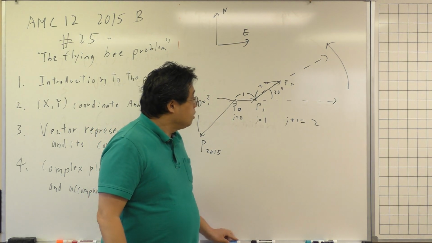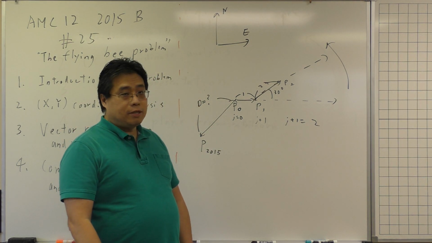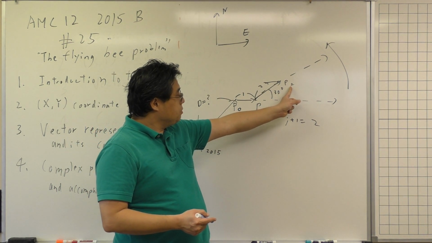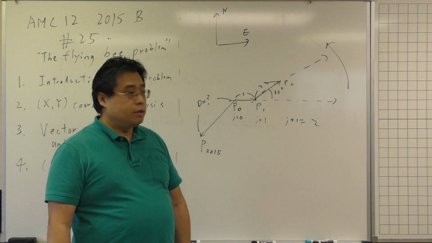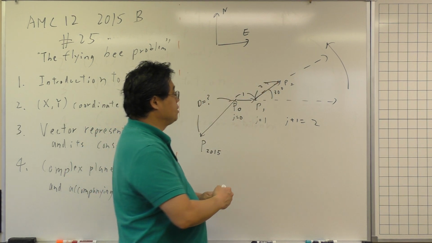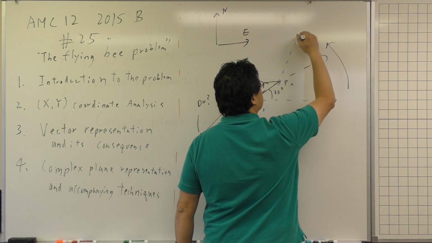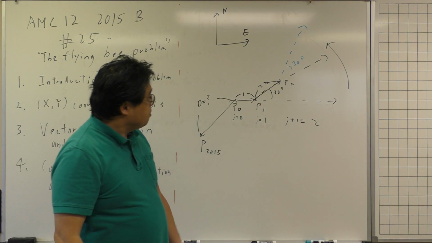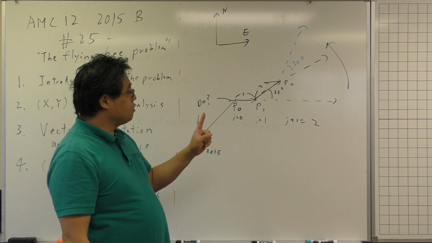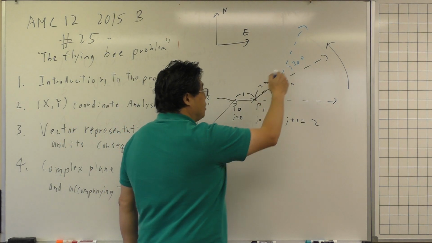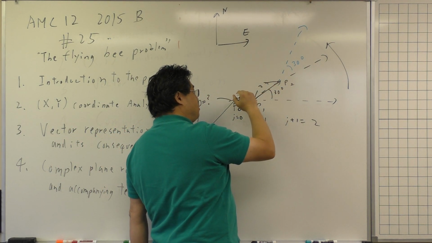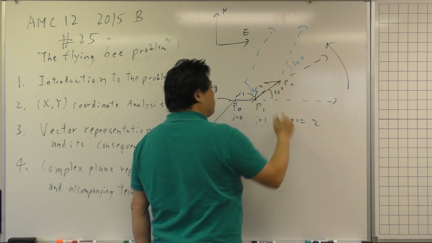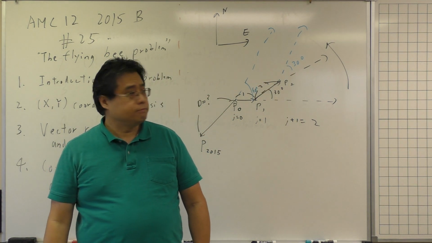So let's continue this for a couple more times. At P2, we now need to go to P3. So 30 degrees counterclockwise again. That's 30 degrees. Now, the direction we're really pointing to is, if you draw a parallel line to this blue line, 60 degrees north of east.